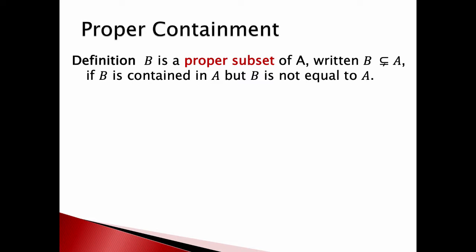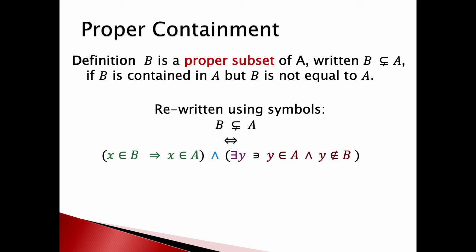Right? So what that means, written in symbols, B is a proper subset of A if and only if X is contained in B implies that X is contained in A, and that it's a proper subset, meaning there exists a Y which is contained in A but not in B. Right?